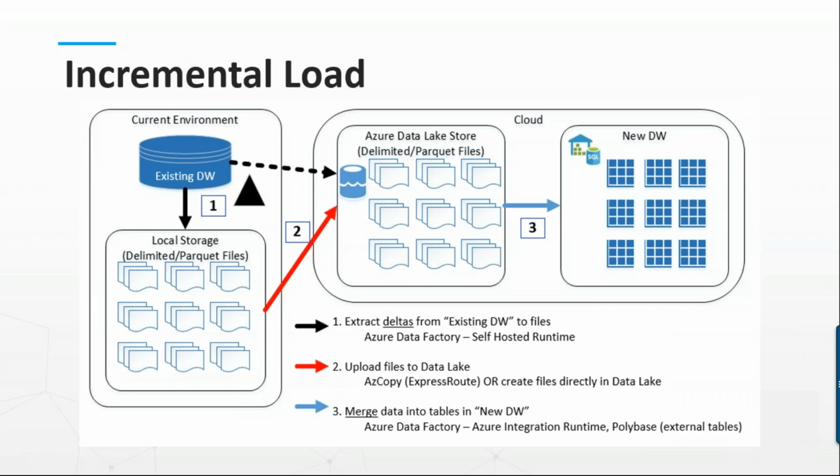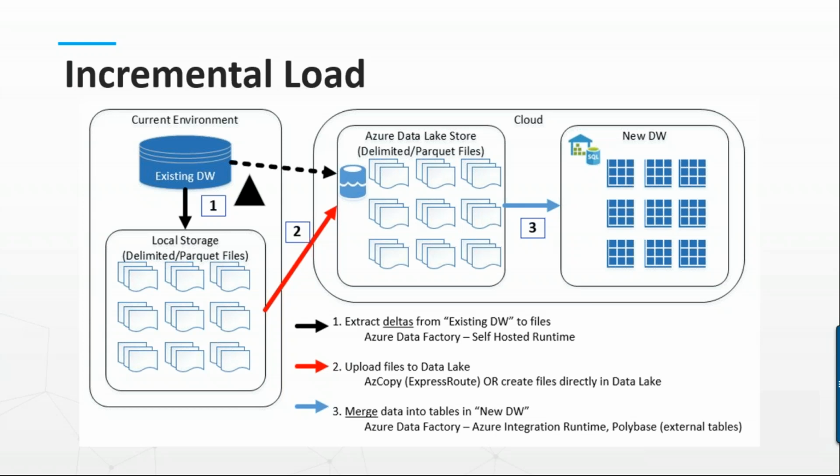So after we've got that full load done, again, during the time it takes to perform that full load, data is still being pumped into our data warehouse. And before we do that final cut over to use the new data warehouse, we want to build a process that's going to incrementally pull changes from the existing data warehouse and synchronize them into the new data warehouse.